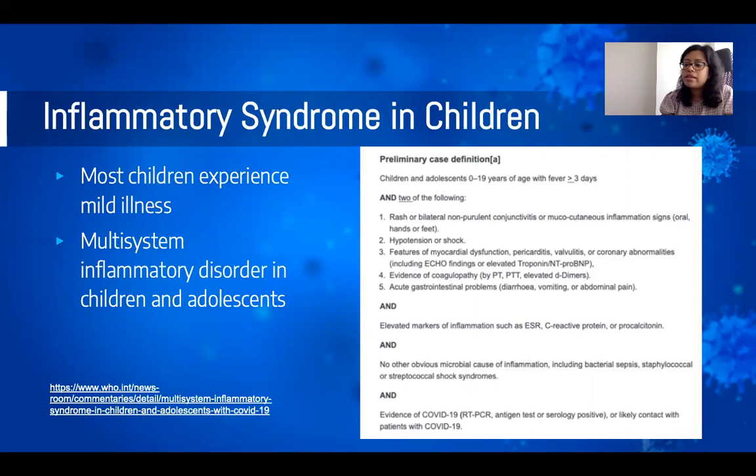These children are typically treated with intravenous immunoglobulins, steroids, and NSAIDs. This hyperinflammatory syndrome in children is actually reported to be rare, and outcomes are generally good. The initial hypothesis is that the syndrome may be related to COVID-19 because initial lab testing shows positive serology in the majority of patients.